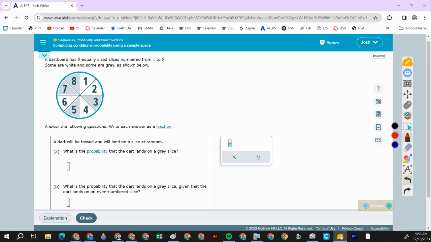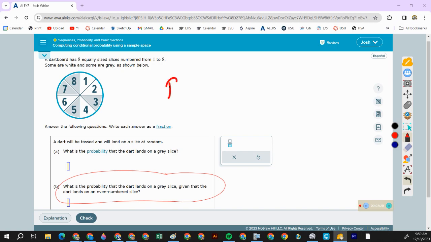So we are going to talk about independence and dependence. This is called conditional probability. What is the probability given a particular condition? Okay.